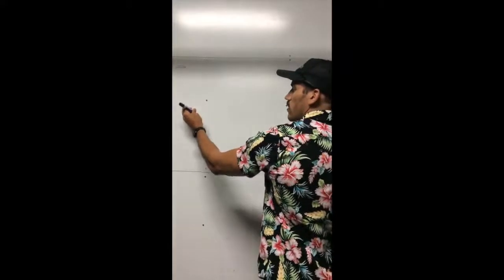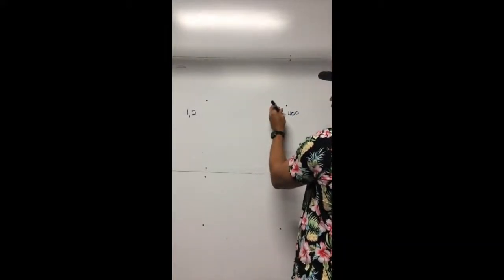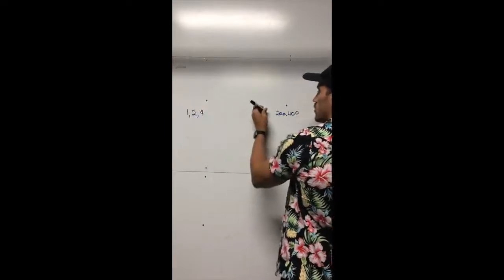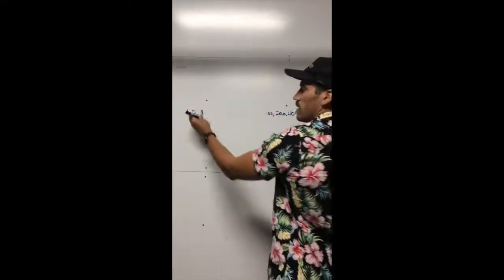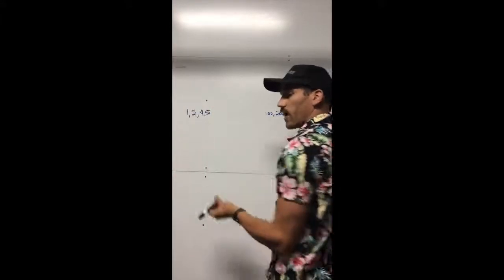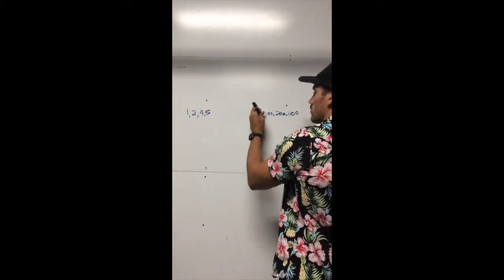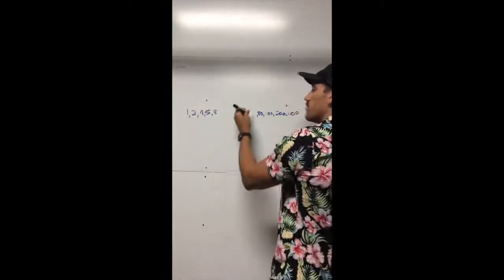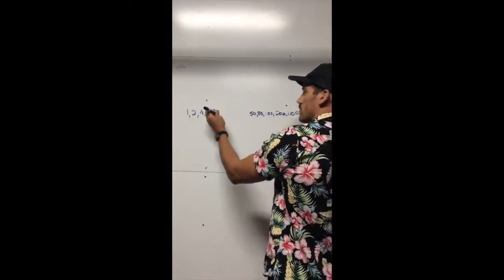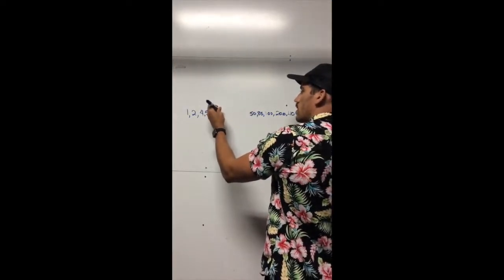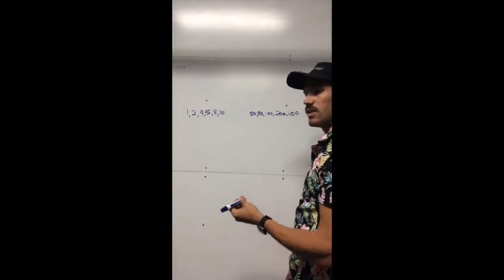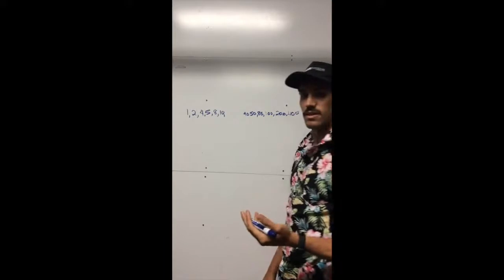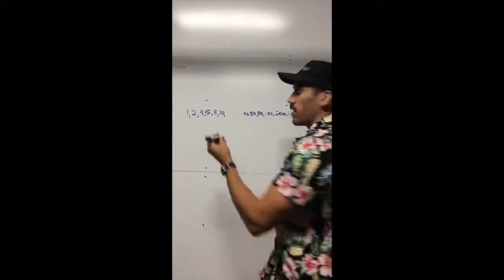Next would be 2 times 200. 4 times 100. 5 times 80. 8 times 50. 10 times 40. 16 times 25.